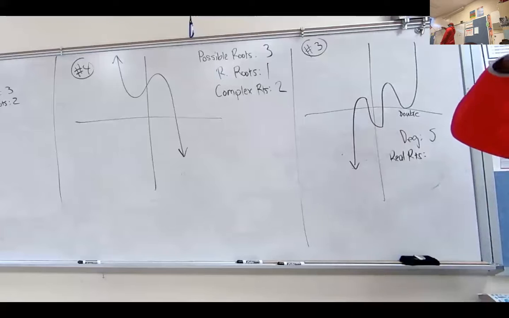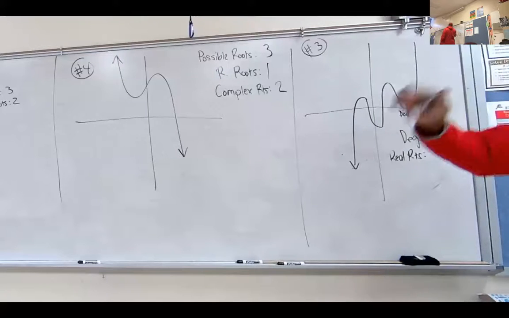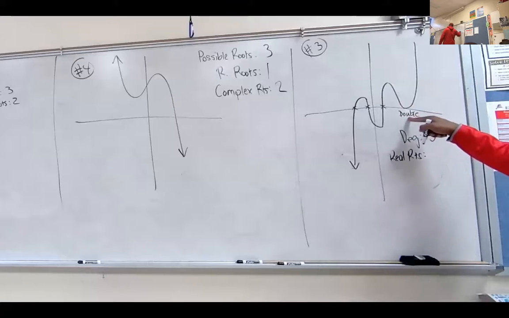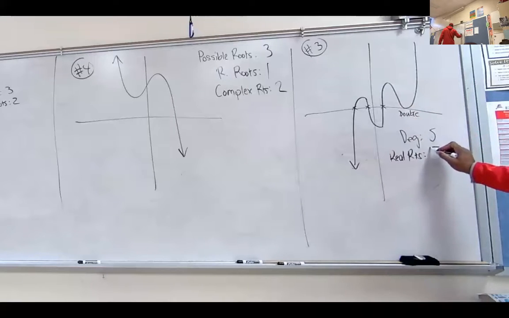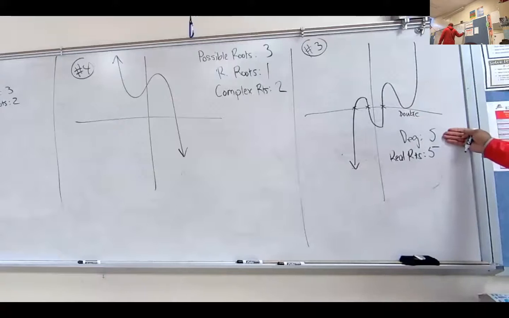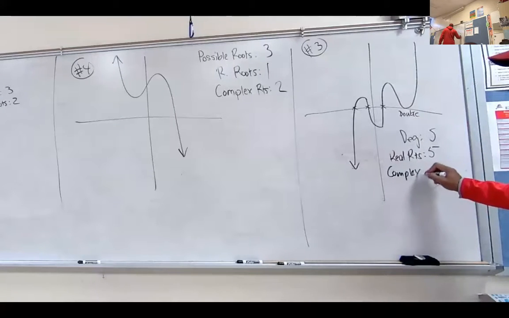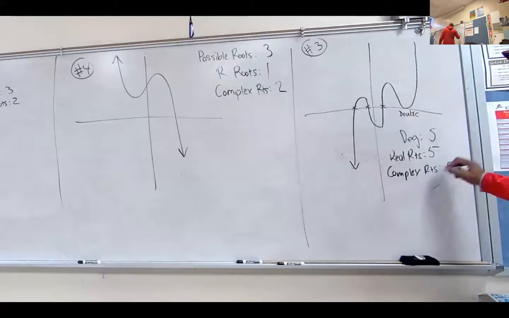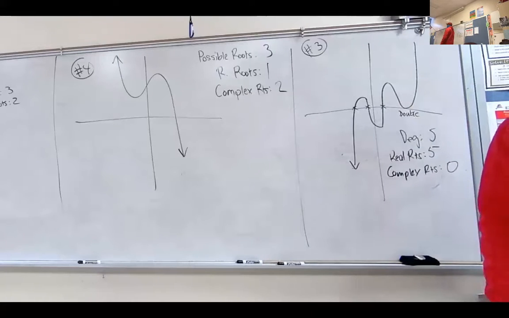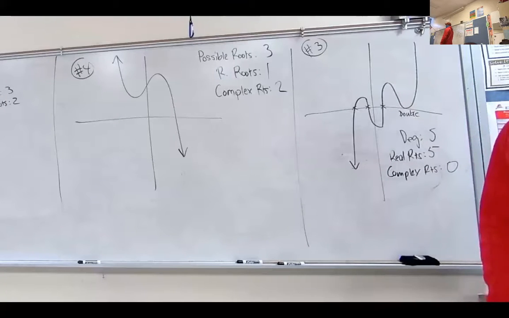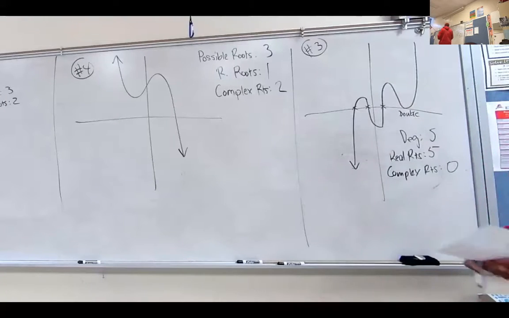Because anytime it bounces off the graph, that counts as 2 roots. So I got 1 here, 1 here, 1 here, plus a double. So how many real roots total? 5. Now, if the degree is 5, how many complex roots possible do I have with them? None. So you can't go past the degree. That's your limit.